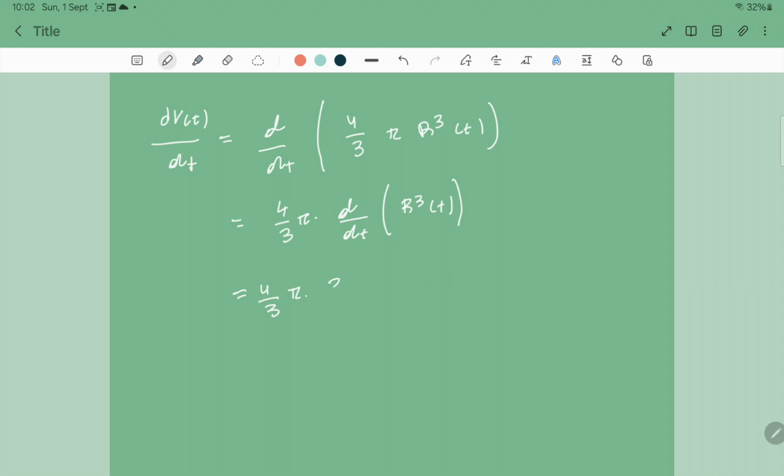So this is 3r²(t) times r'(t), where r' is the Lagrange notation and is the derivative dr/dt. This is Lagrange and this is Leibniz.